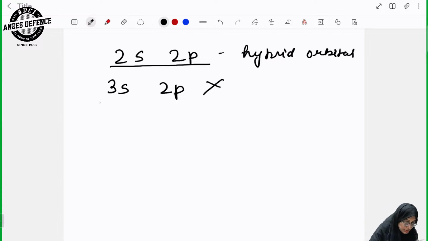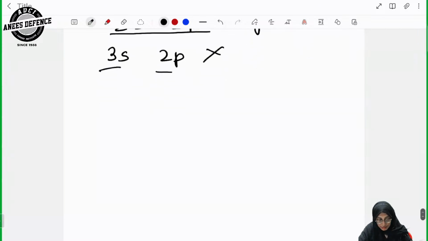But 3s and 2p cannot undergo hybridization. So there are two conditions for hybridization. Now let's see some characteristics.